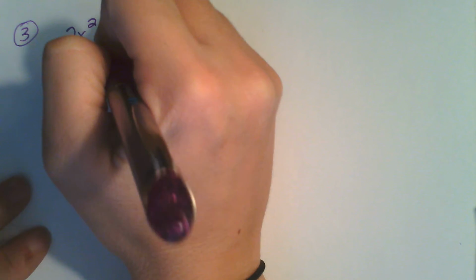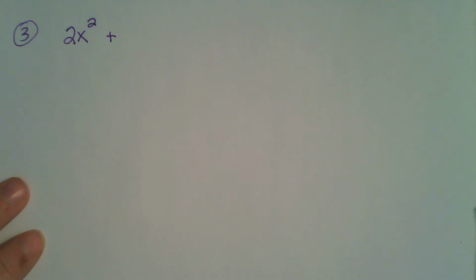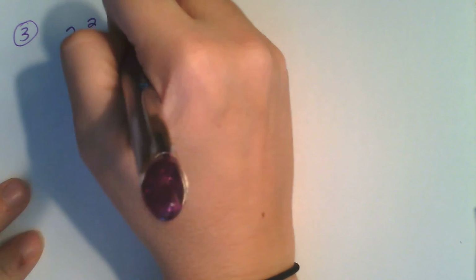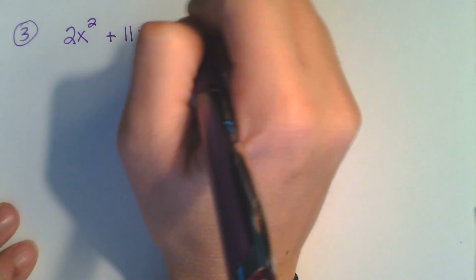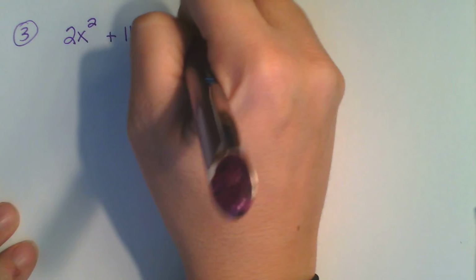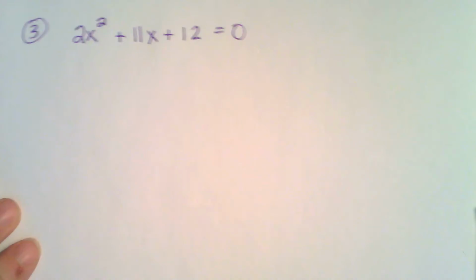Yeah, hang on, let me come up with something real quick. Okay. So 2x squared plus 11x plus 12 equals 0.